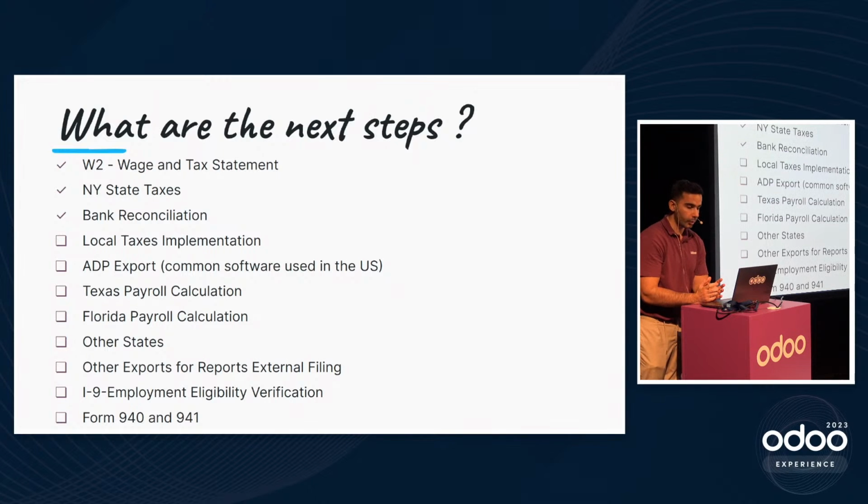And we will probably develop first the salary rules for Texas and Florida before the other states, but eventually every single one of them will come. And then we will improve the export for external filing and also develop some other declarations like the I-9 or the 940 and the 941 forms.